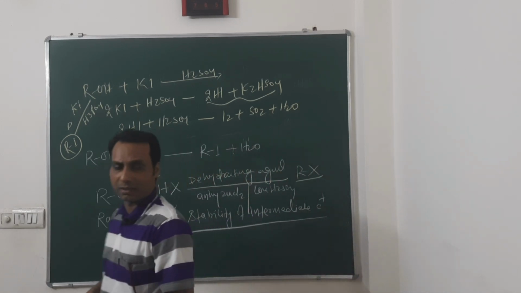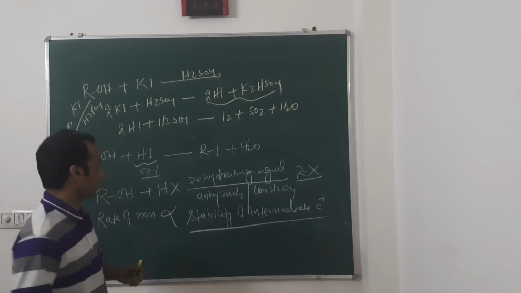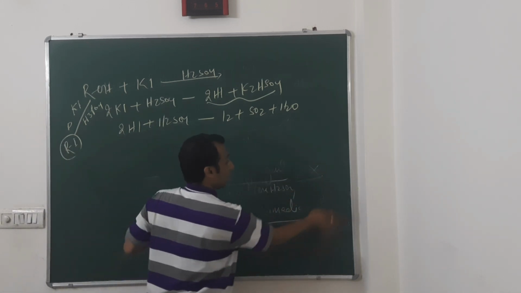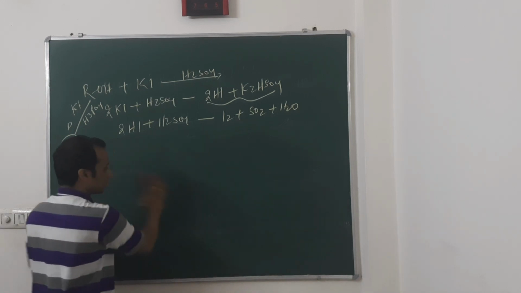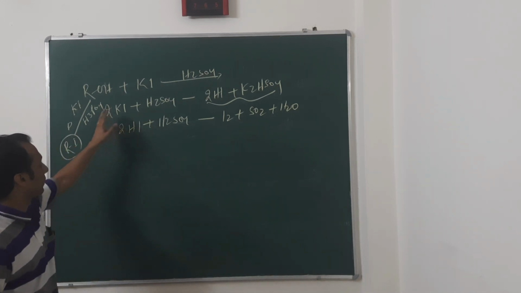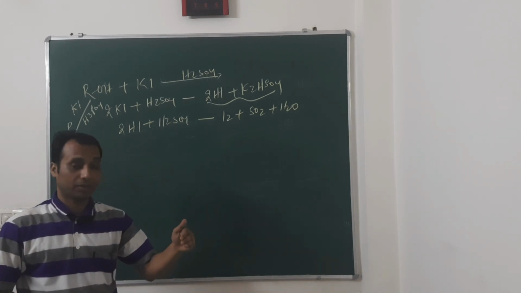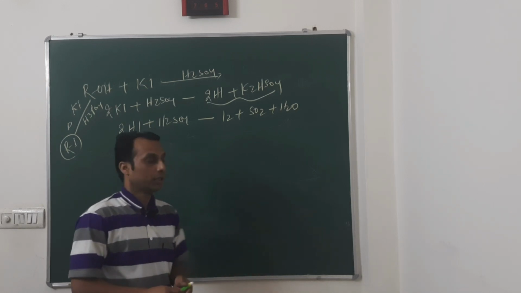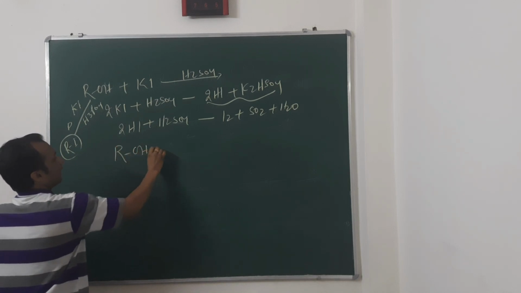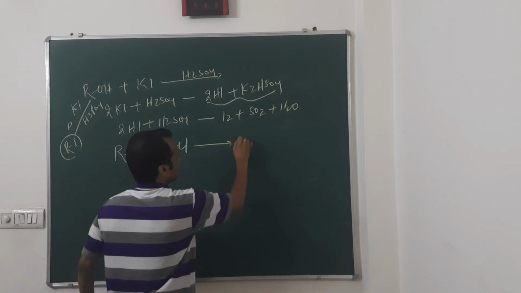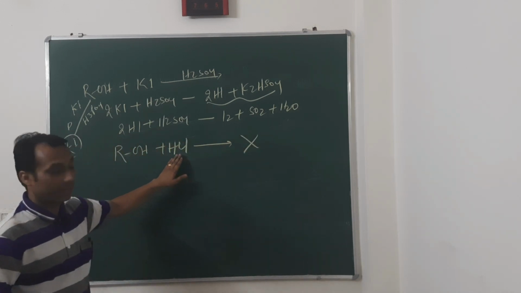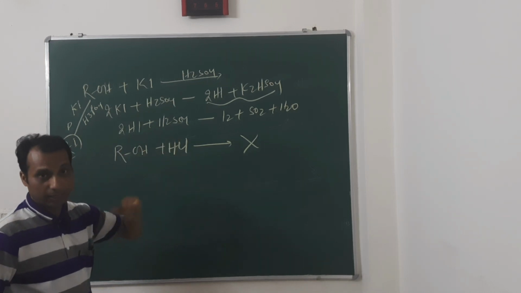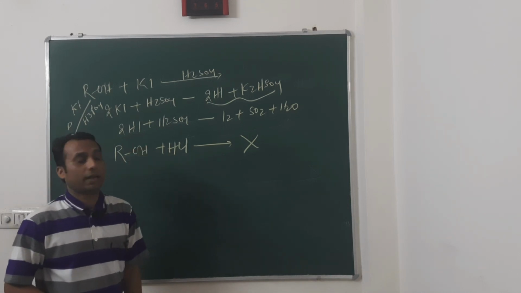See students, is it possible that the reaction occurs at normal conditions? No, students. Suppose I ask you, is it possible like alkyl iodide? You have seen that alcohol reacts with HI and alkyl iodide is formed directly, correct? Is that possible with alkyl chloride? No. When alcohol reacts with HCl at normal conditions, the reaction is not possible; it is a very slow reaction with alcohols, because I have already taught you that iodine is a better leaving group and also a good nucleophile.